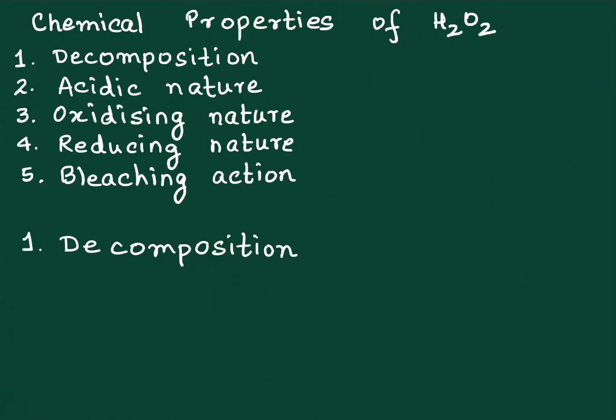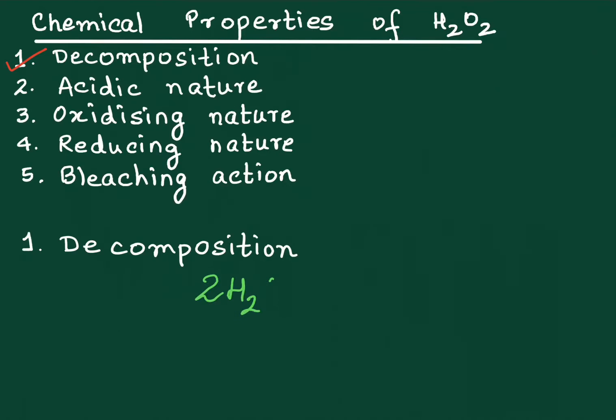We are going to talk about the chemical properties of hydrogen peroxide today. Now, the first property, that is decomposition, we have already spoken about just now, right? So we've already covered it. If you want to write, you can jot down some points for the behavior of hydrogen peroxide to decompose under a set of different conditions.